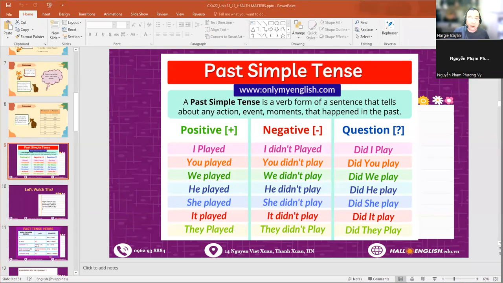So if you are going to use didn't, the negative one, we do not use the past form of the verb, okay? For example, I didn't play instead of played. I didn't play basketball last week. Okay, so that would be the correct one.